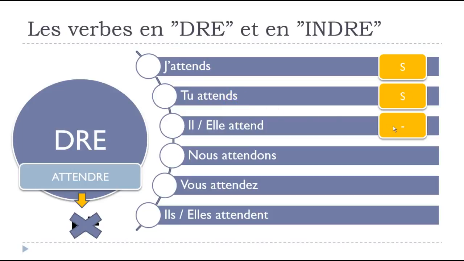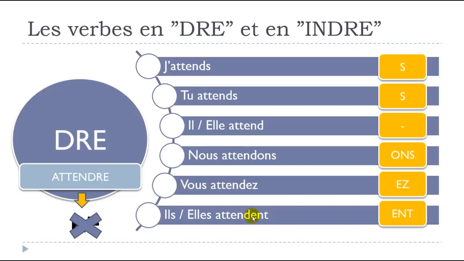Then for il, elle, don't put anything. That's the reason why you've got the basic form. Then for nous, the classic ending, ONS. For vous, you will have EZ, so that's the reason why you get this attendez form. And for ils, elles, you will get ENT.